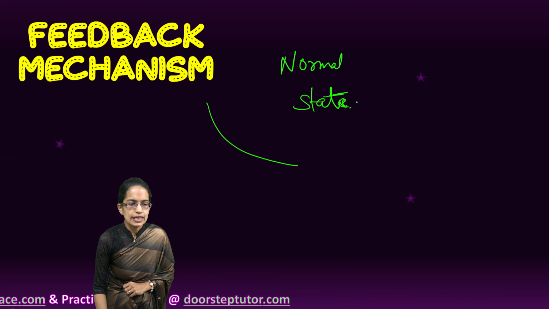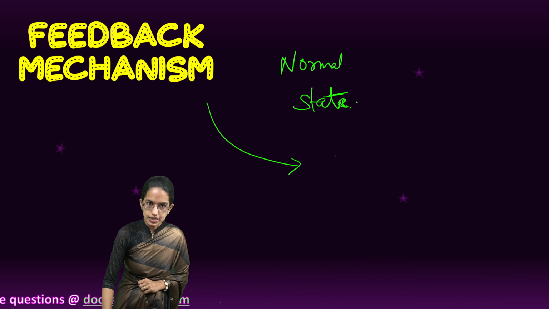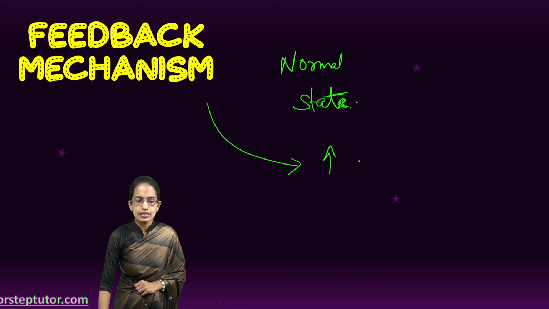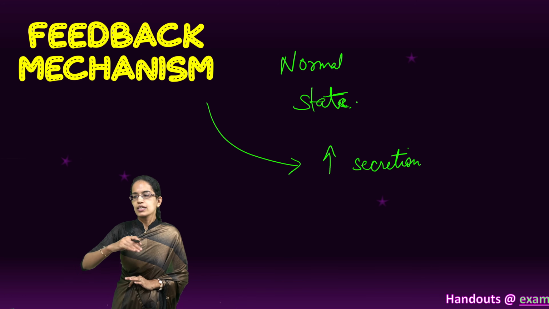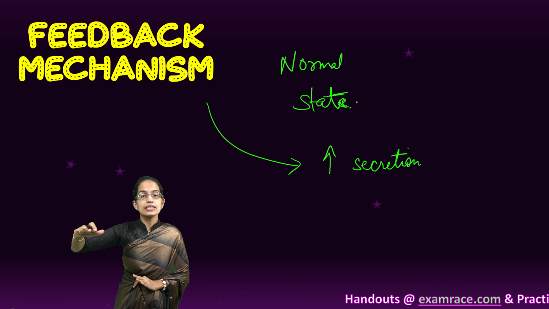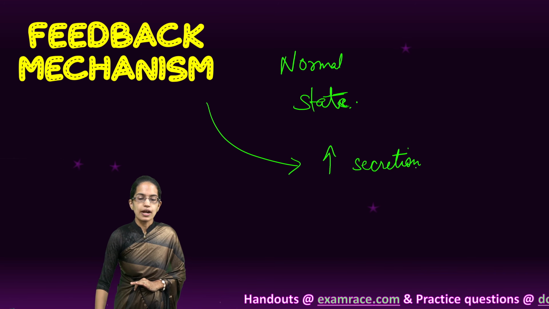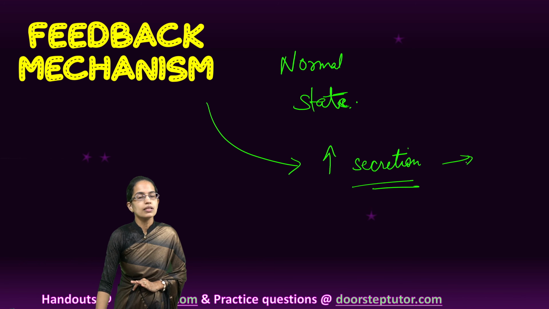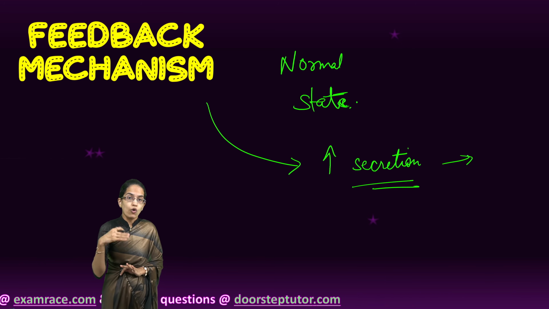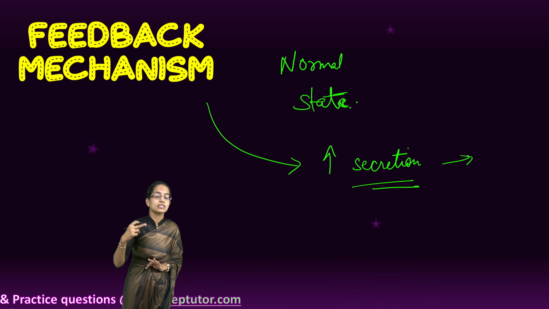So a signal would go to the respective gland to increase the secretions. Once the secretion increases, the levels that had fallen in the blood would increase and we would attain a normal position. But what happens if these secretions continue?